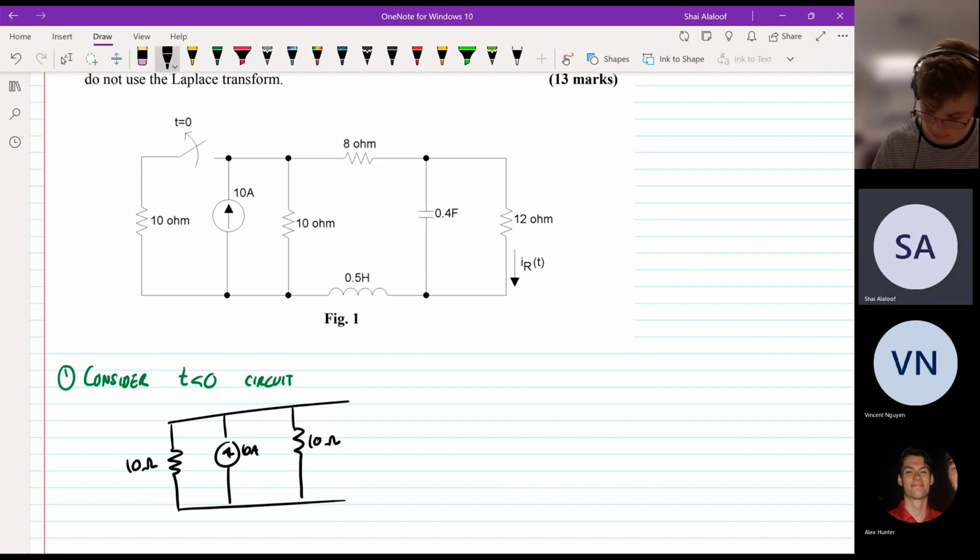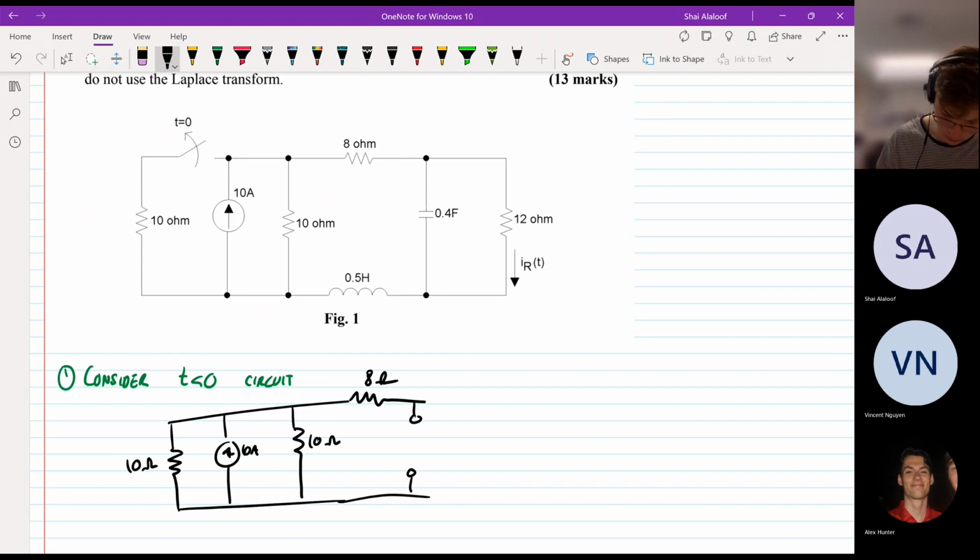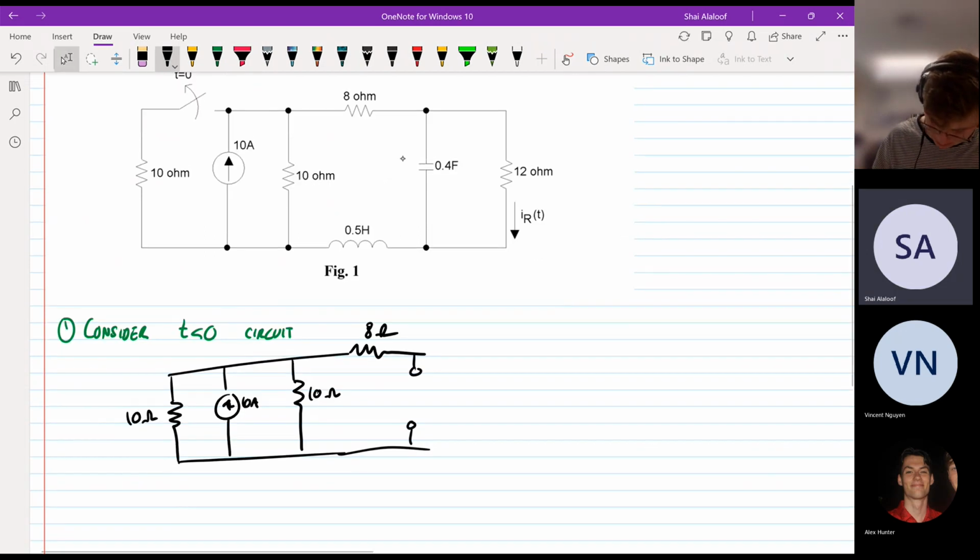Okay, you've got a 10 ohm resistor there, got an 8 ohm there. This capacitor will be open circuit and the inductor will be short circuited. I've then got a 12 ohm resistor there. Okay, so far so good, nothing crazy yet.